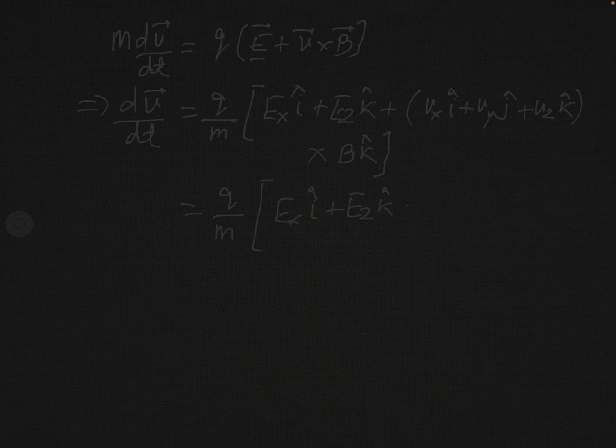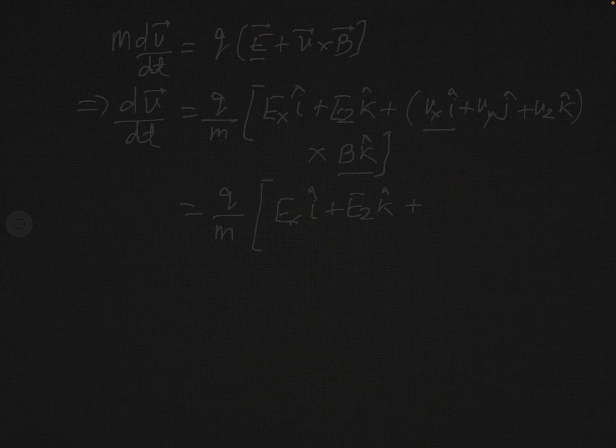Now let us take the cross product of each term of the vector v with this B k. So you can see Vx i cross B k.